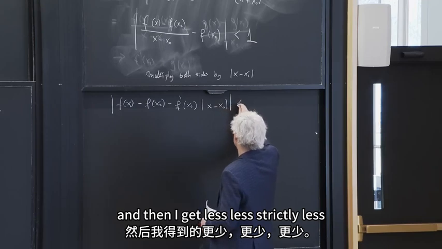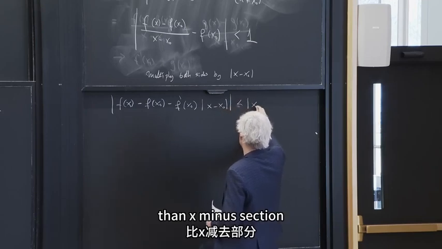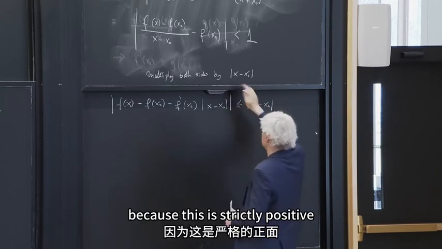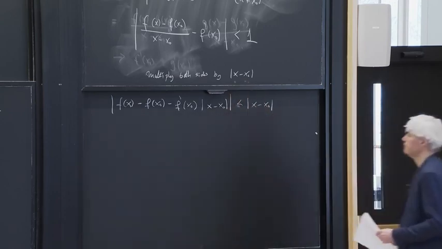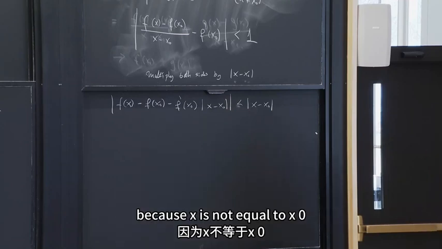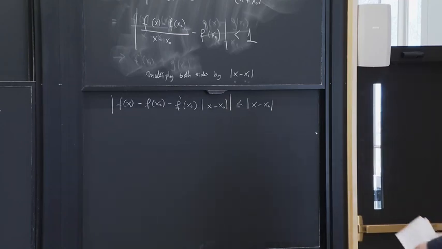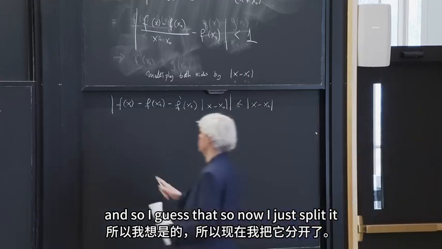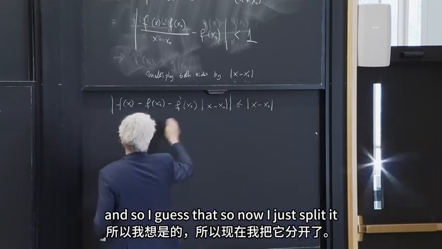Then I get strictly less than the absolute value of x minus x0, because this is strictly positive, since x is not equal to x0. So I just split it up.